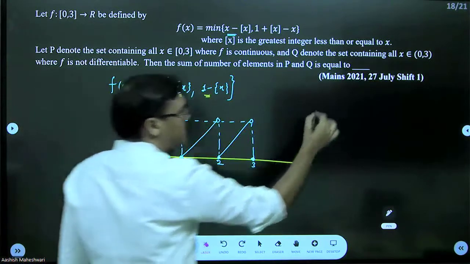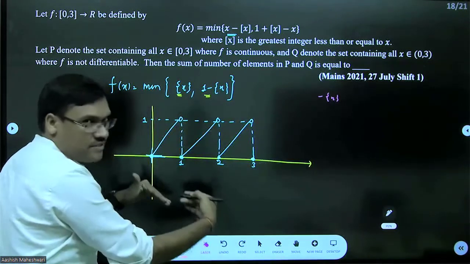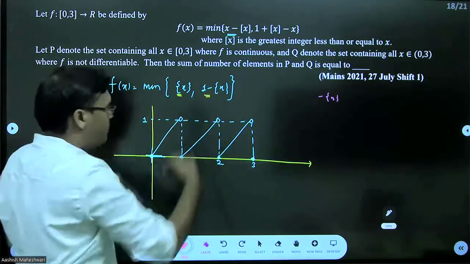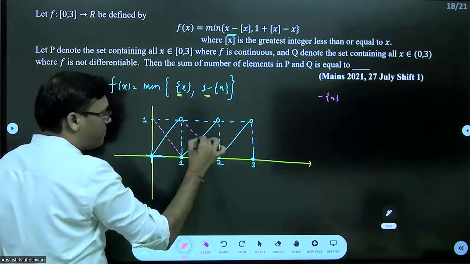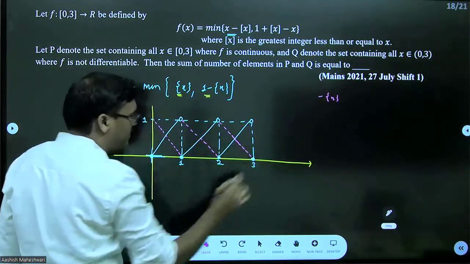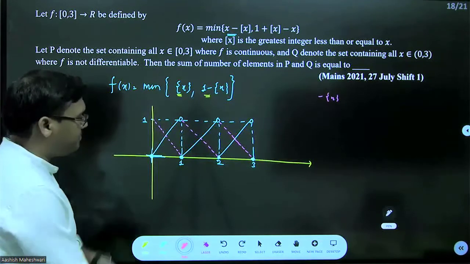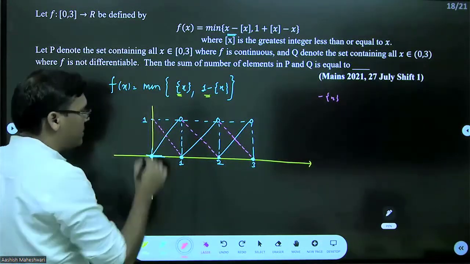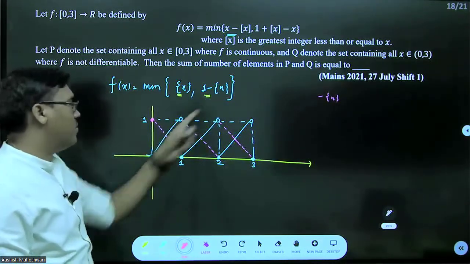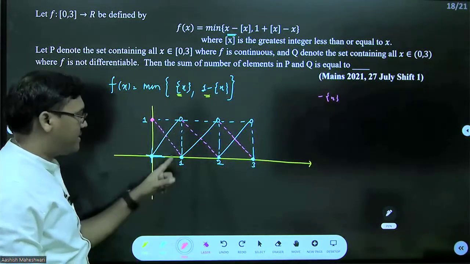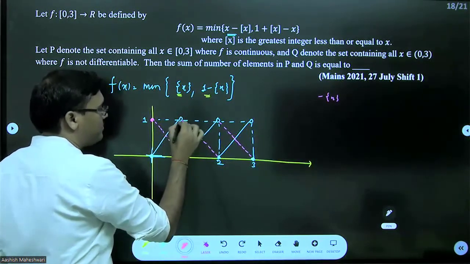You can clearly see that minus fractional x will be just the reflection of this graph. You draw the reflection for minus fractional x, then you add 1, so it will shift up. So can we say the graph will be something like this? Just observe this. We reflected it downward, after that we shifted it by 1 unit. Now you can see here, this is closed. When fractional x is 0, this will be 1, and when fractional x is 1, it will become 0. You can check.